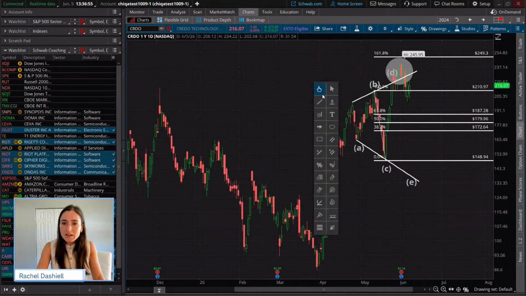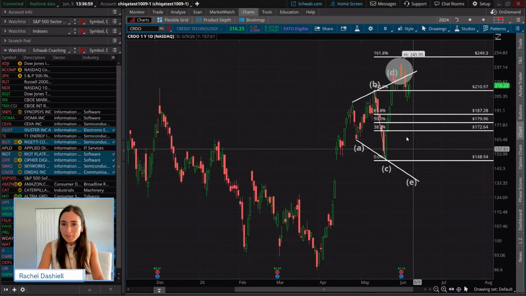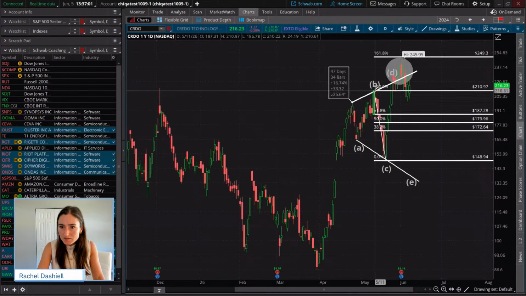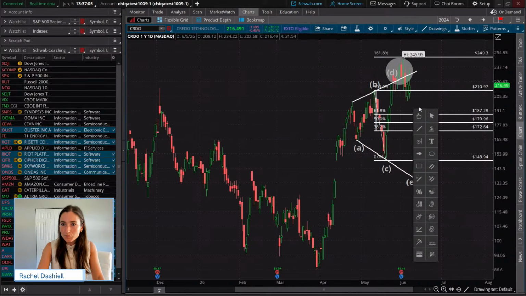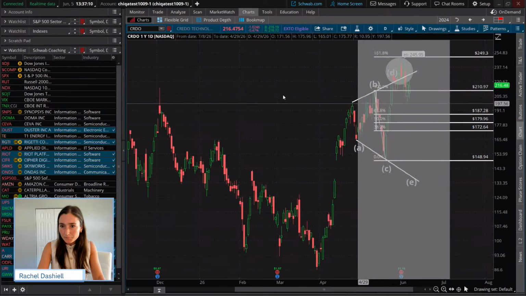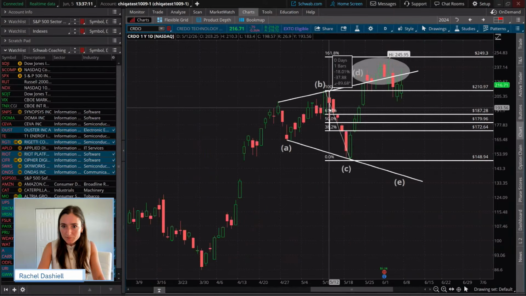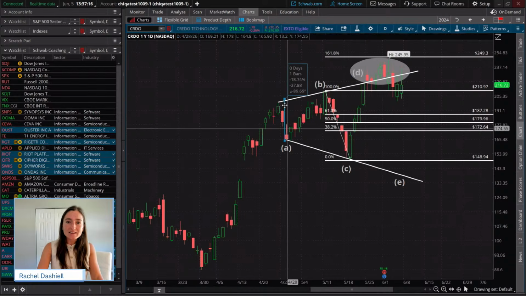Okay. So you guys can actually see if we measure for wave C, and if we take this horizontal distance here and we look at that 61.8% retracement, and we take that little line, I'm going to move that line over here. Typically, it's the exact distance of that.